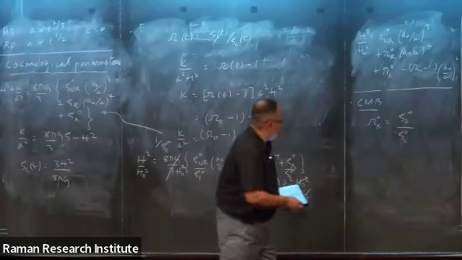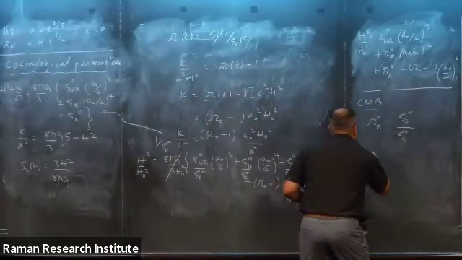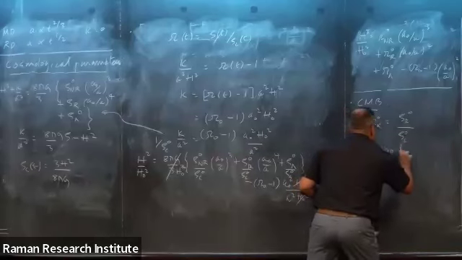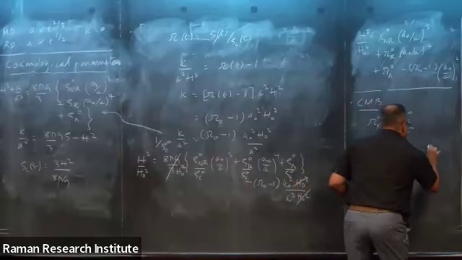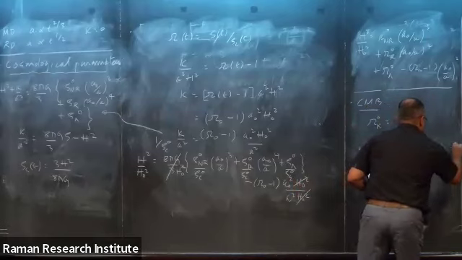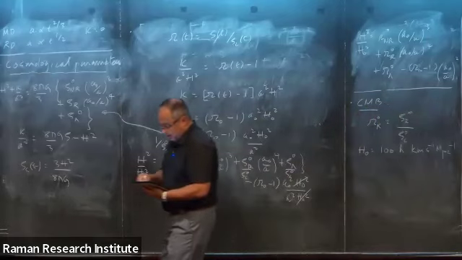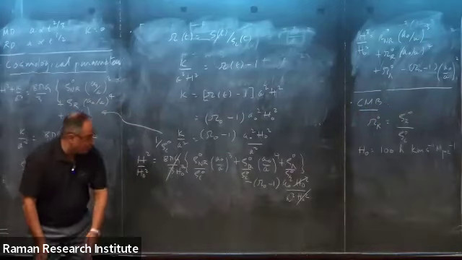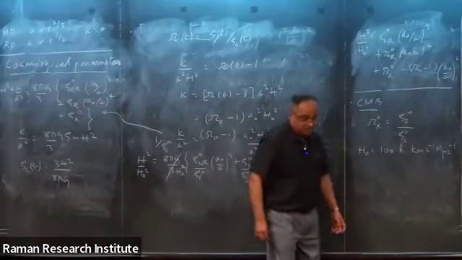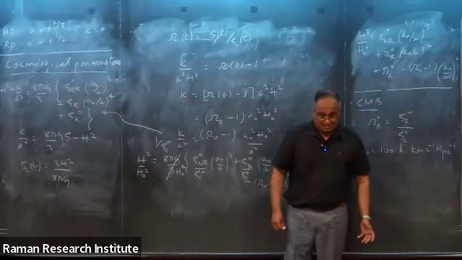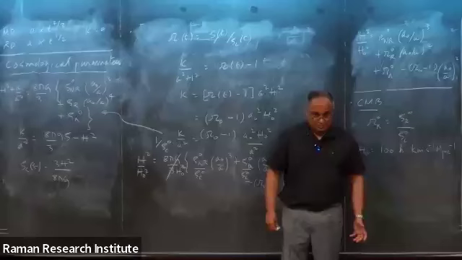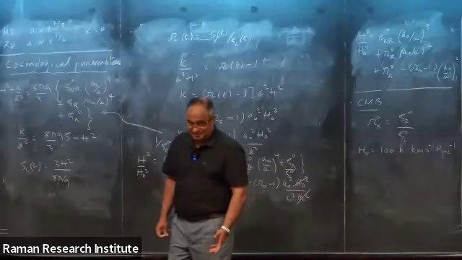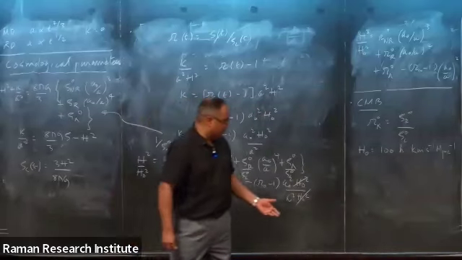So h naught is usually written in the following fashion. Okay, what is the dimension of h naught? One over time, right?